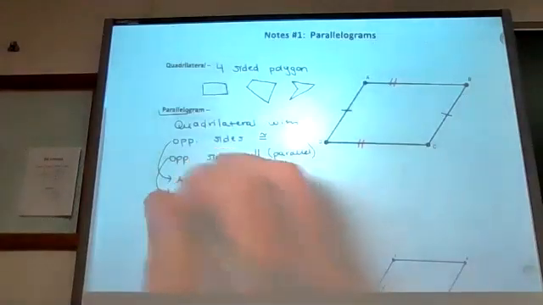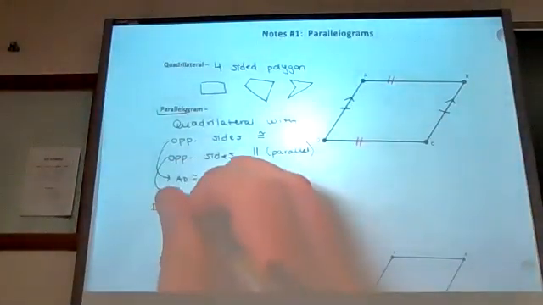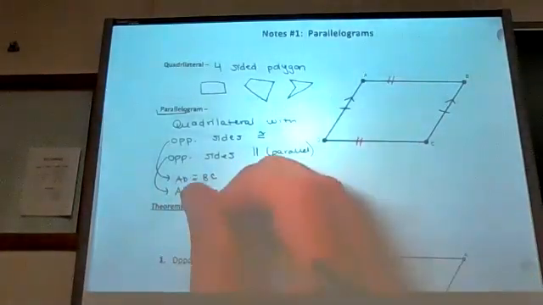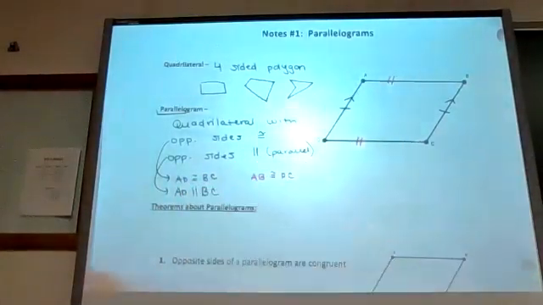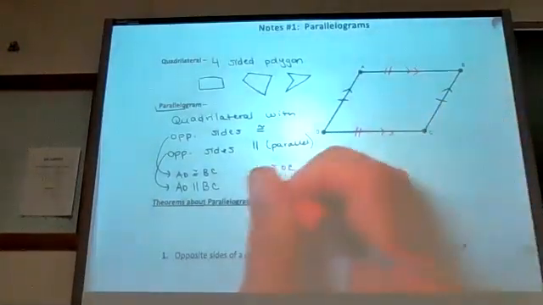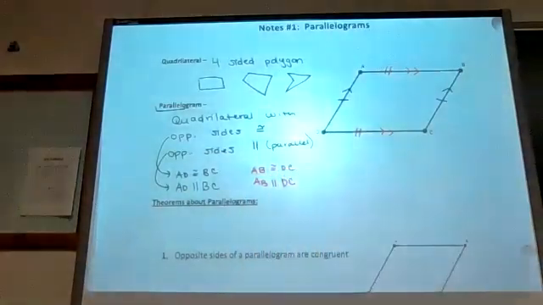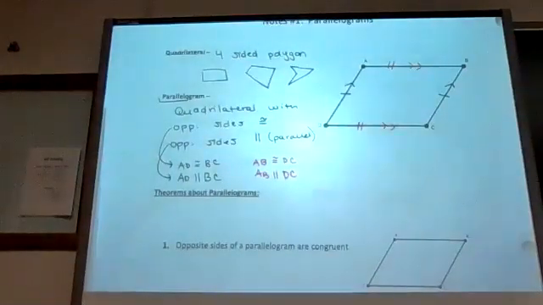Opposite sides parallel means that AD is parallel to BC, and AB is also parallel to DC. So they are congruent and parallel: same length, running parallel.